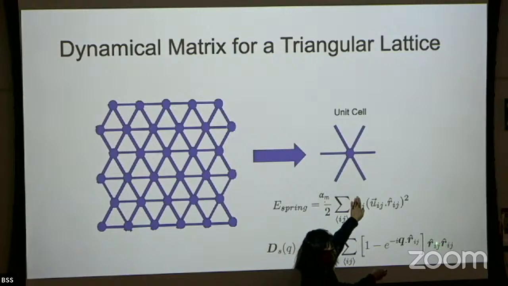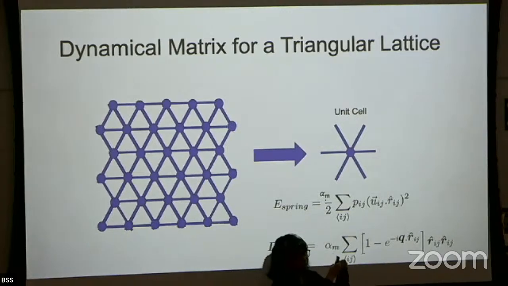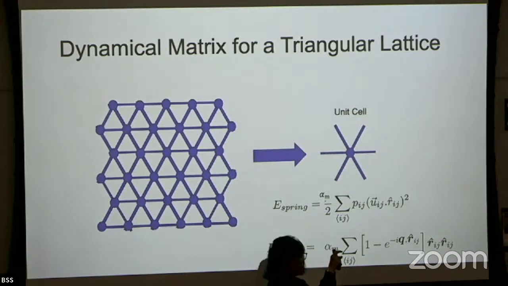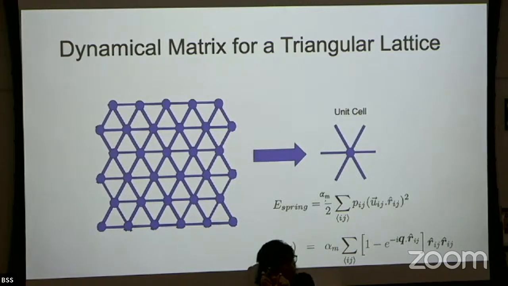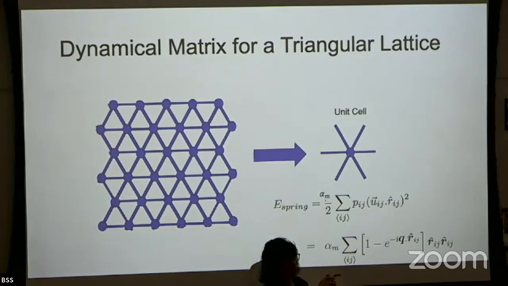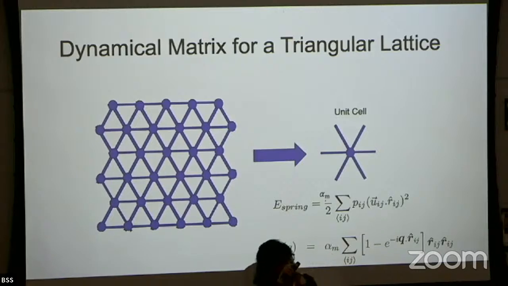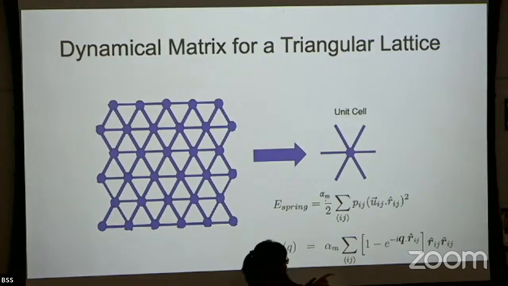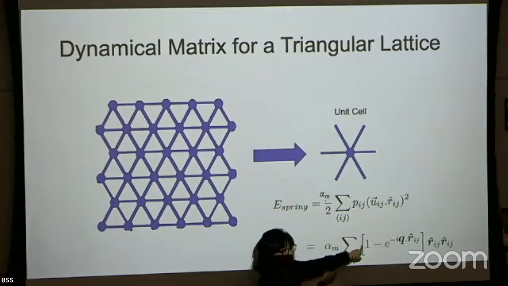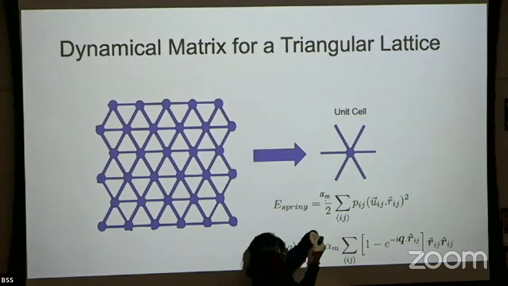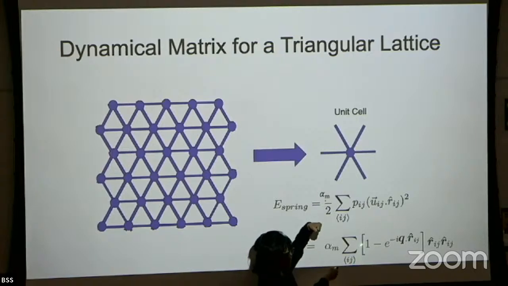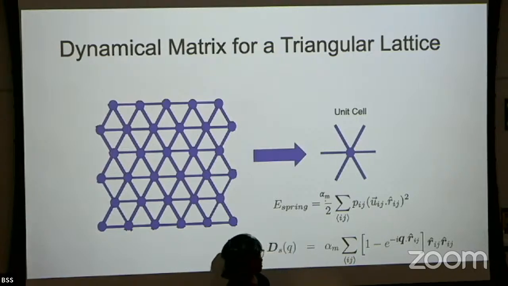So there will be 4 components: Rijx Rijx, Rijx Rijy, Rijy Rijx, and Rijy Rijy. And then the 1 is coming from the fact that when you are taking a derivative, if i and j are the same, that will give you a 1. So that's coming from here.